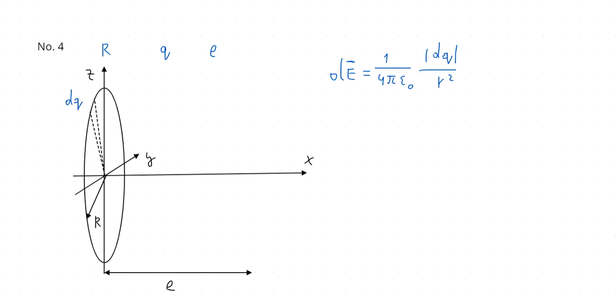This distance is equal to r. This is r, and this is the radius of the ring. Okay.